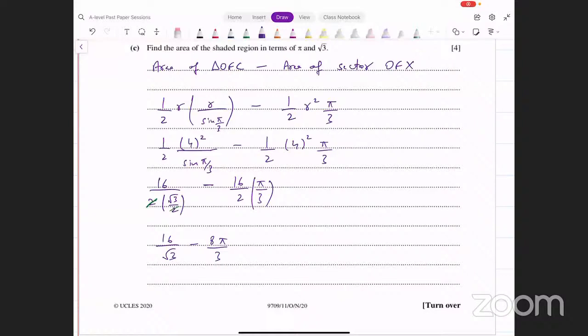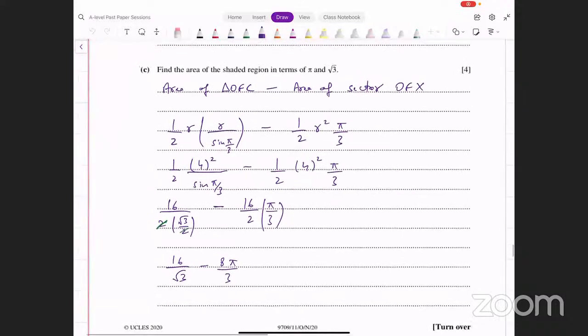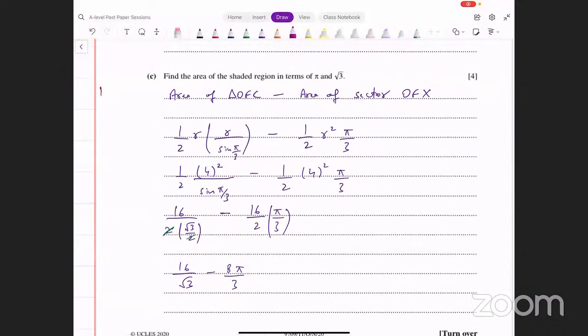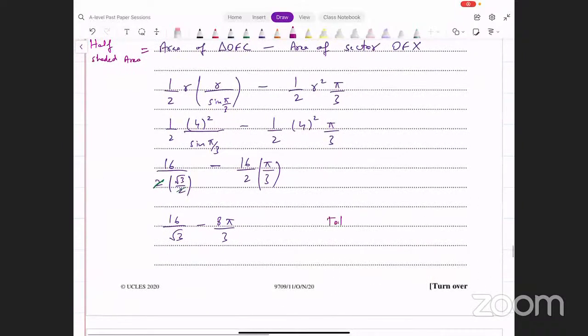Now what I can do is I can multiply this by 2 and that's going to give me the complete shaded region. ये मेरे पास half shaded region आया. You can write that down here. This is half of the shaded area. That's going to be this. The total shaded region कितना आ जाएगा?